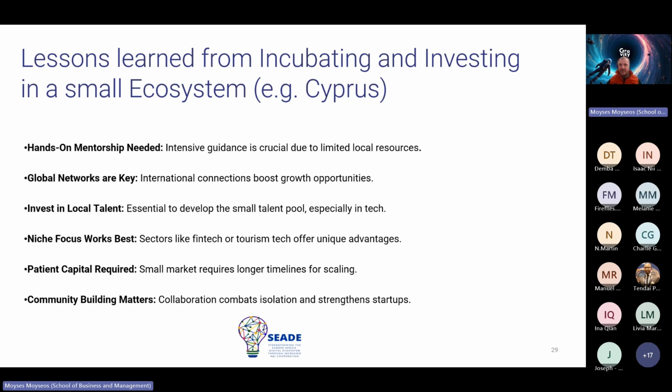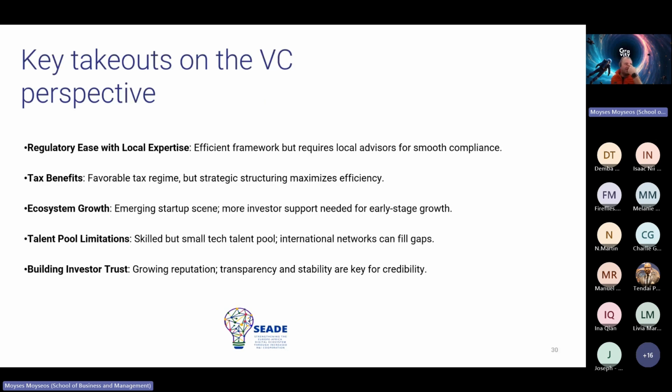Patient capital is required. Not everybody wants a quick win. Some of the investing communities invest with a return horizon of 5 or 6 years ahead. And community building matters, and this is what I see that you are currently doing.